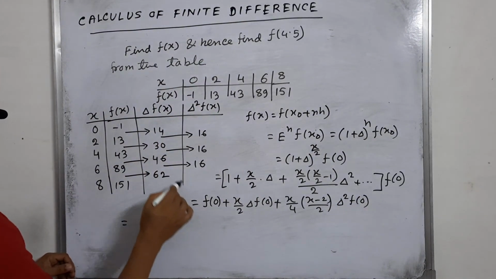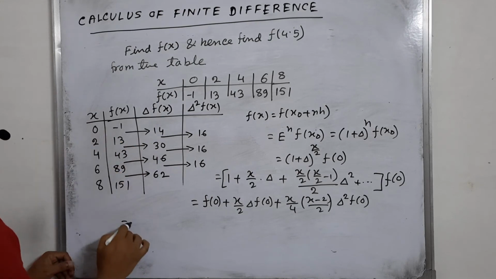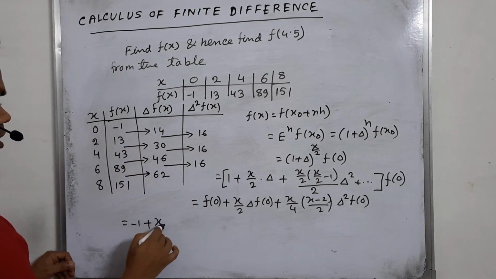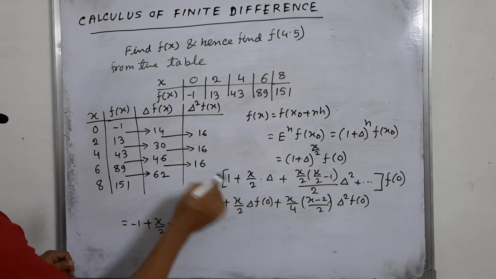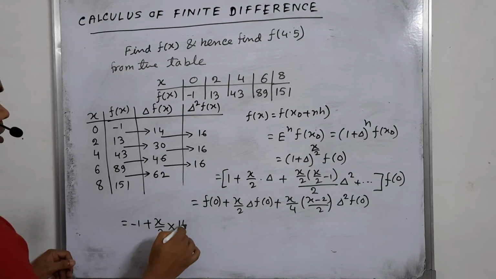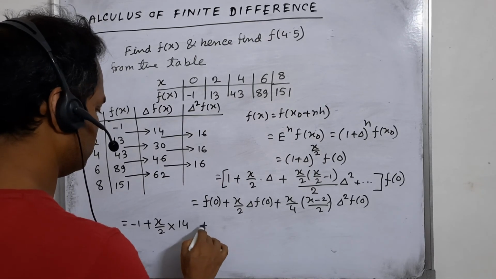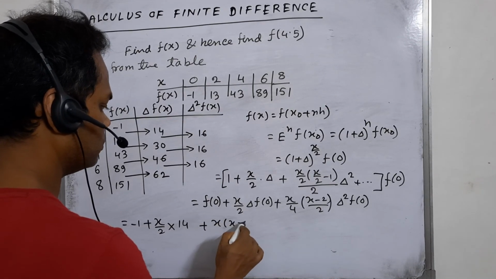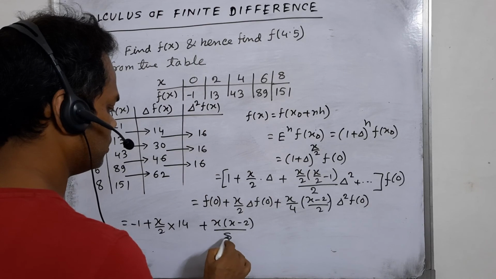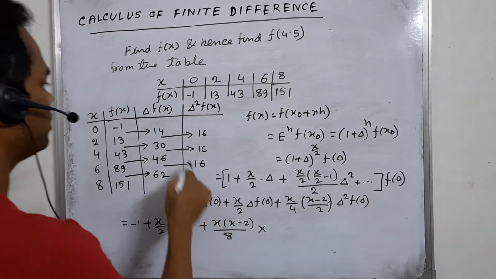And f0 is minus 1, plus x by 2 into del f0, which is 14, and this one is x into x minus 2 by 8 into del square f0, which is 16.